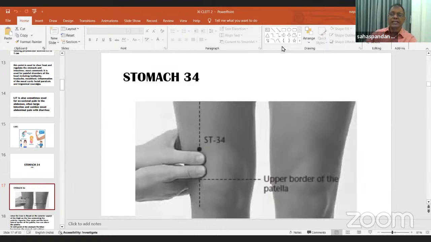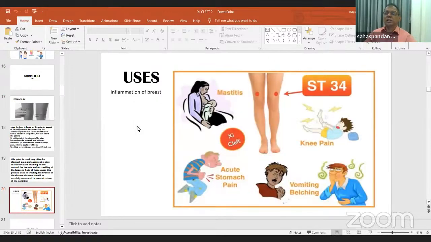So let us summarize. Let us summarize the uses of stomach 34.